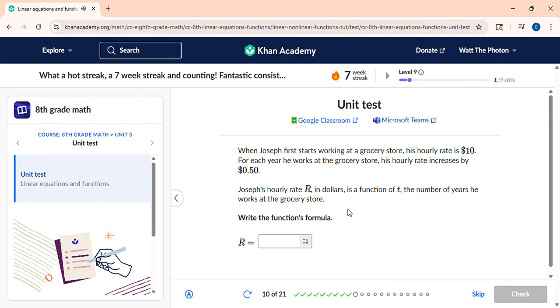Joseph starts working at a grocery store. His hourly rate is $10. For each year he works, it increases 50 cents. If his hourly rate is a function of t, so we're going to have 0.5 times t plus $10.